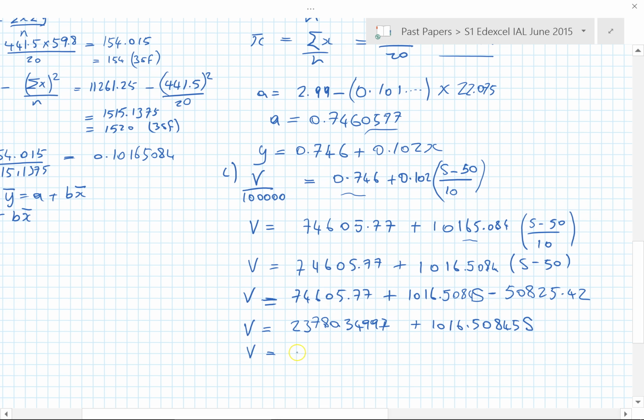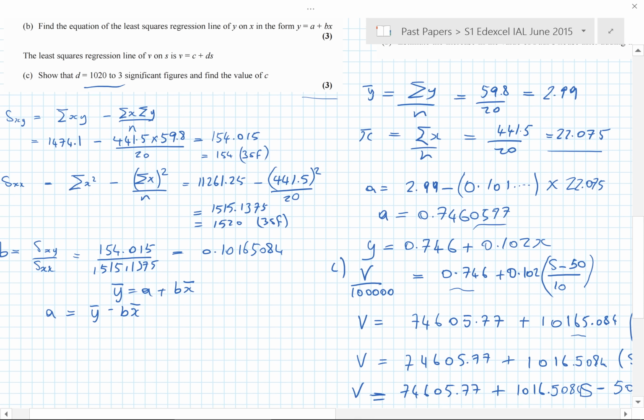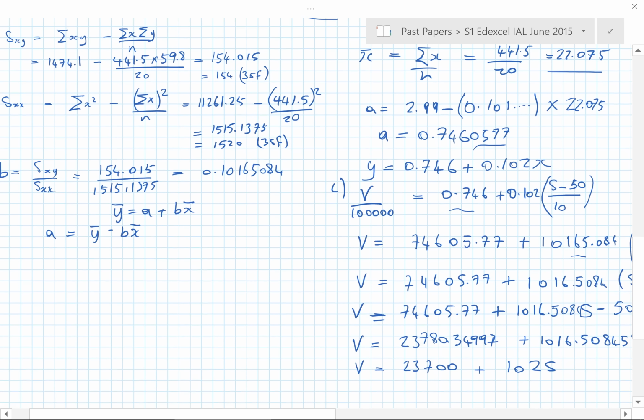So V is equal to 23700 plus 1020S. The original question says to three significant figures, so 1020S, of course.